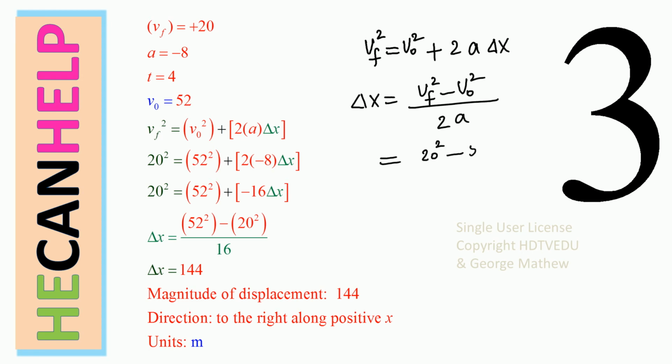Initial velocity is 52. Divided by 2 times the acceleration, negative 8. Please don't forget that. It is against the direction of motion. So what is that number? 144. What is the magnitude? 144. What is the direction? Positive x.